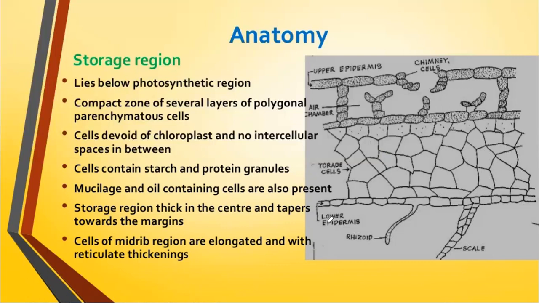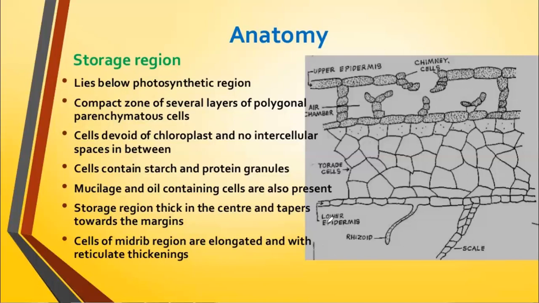And just below the photosynthetic region are non-chloroplast containing or non-chlorophyll containing cells. These are parenchyma cells, which are closely arranged. Okay, so this is just below the photosynthetic region. Since it is just below the photosynthetic region, the food prepared by the photosynthetic cells is stored in this region.